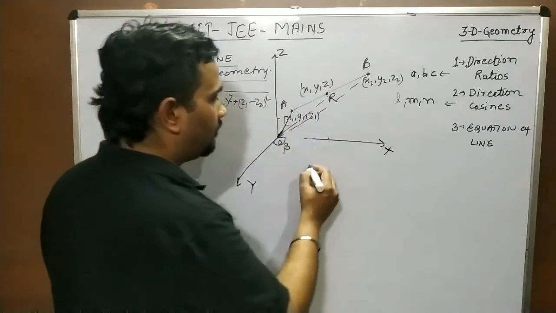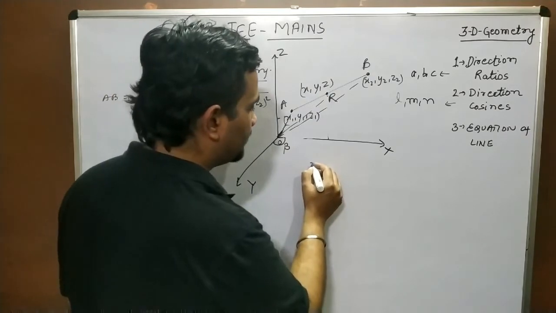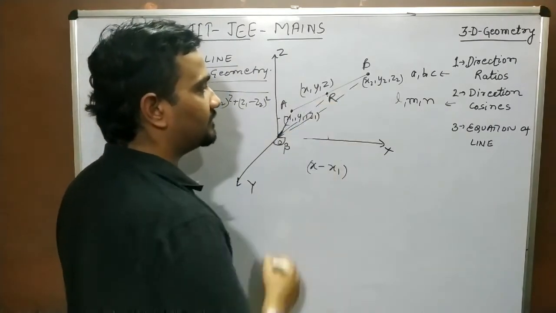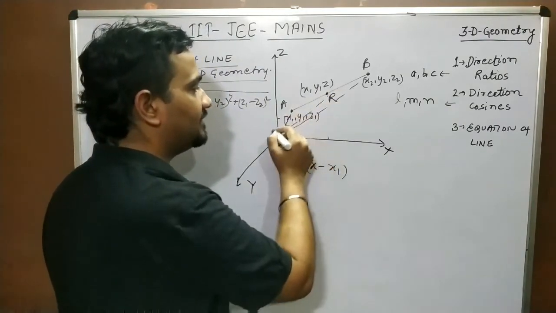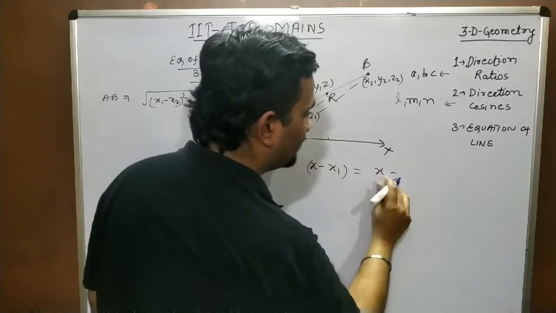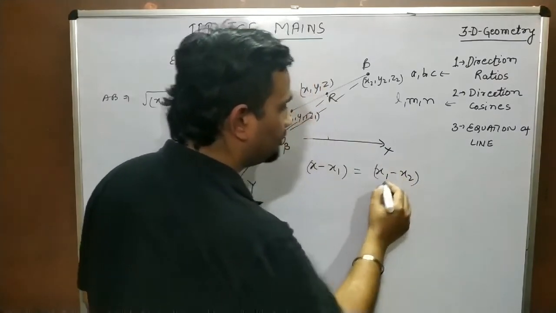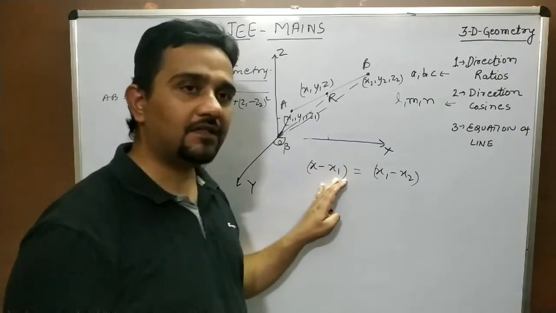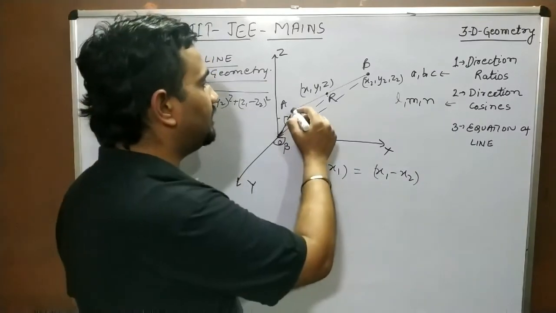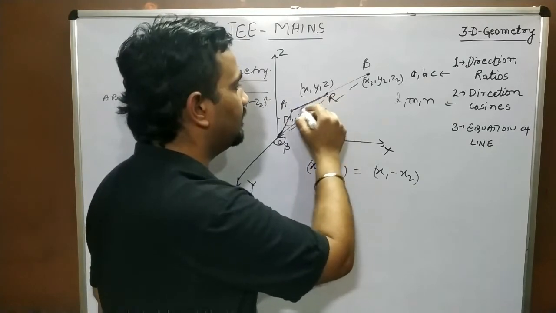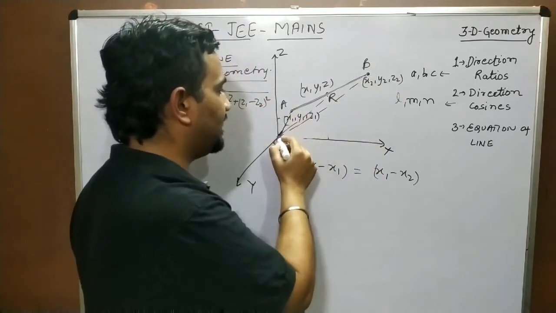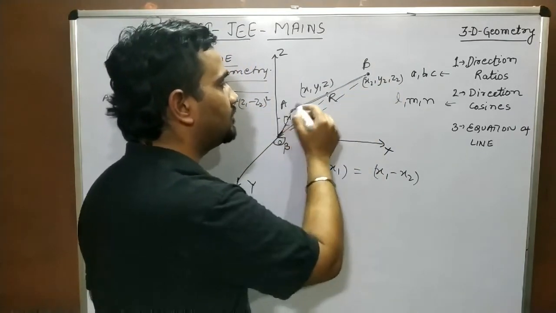We can write x minus x1 for this line, and x1 minus x2 gives this other line, because this is x, this is x1 and this is x2. So these two give the lengths of these lines.